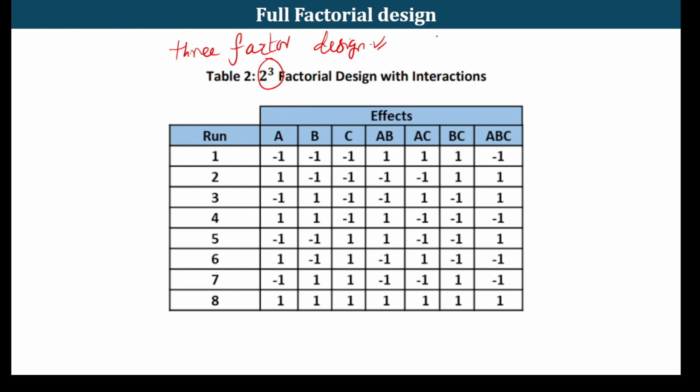Okay, so how many experiments, how many runs do we have to do? It will be 8. Then we can choose, like this is the main effect alone. This is the interaction effect between two factors. This is the three-factor interaction. So this is all about the two-factor interaction.